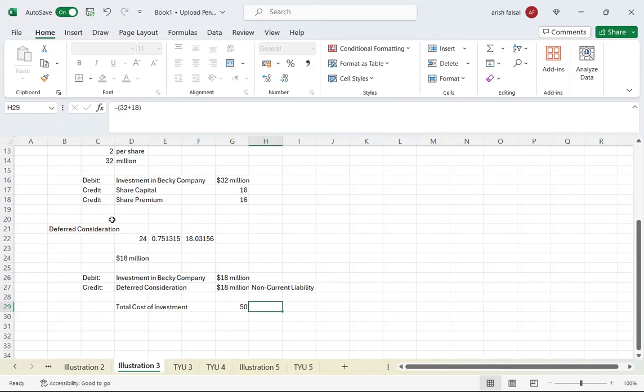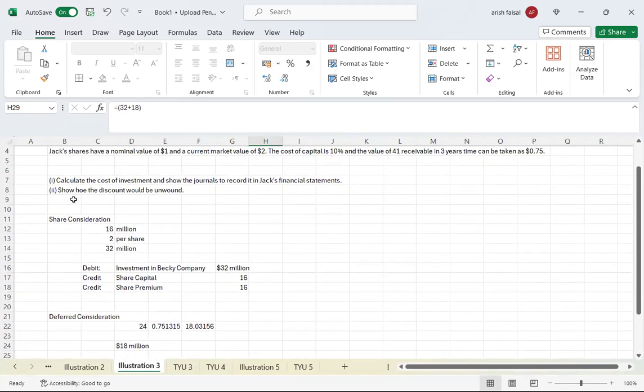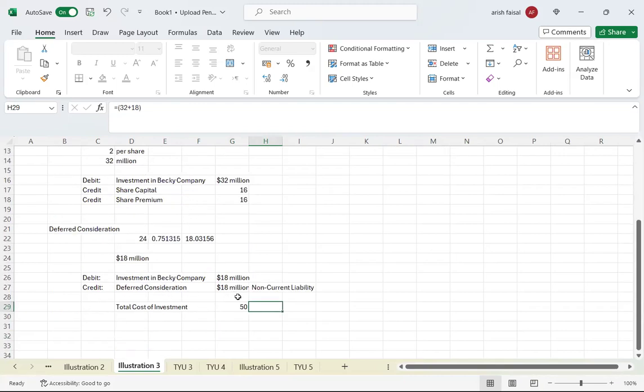Okay. Now, the next part of the question is show how the discount would be unwound. Now, because you have recorded the liability at a present value, every year you have to keep on increasing the liability, or what we call unwinding of the discount.